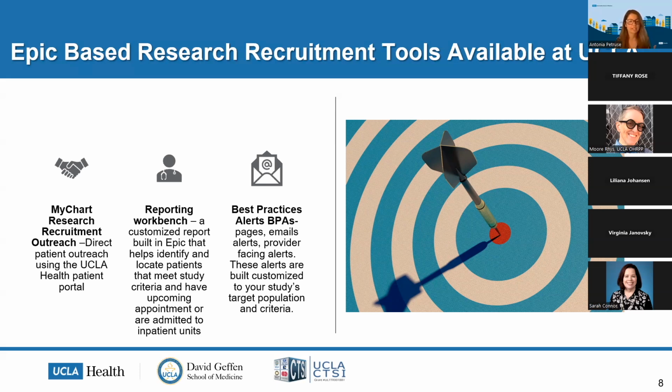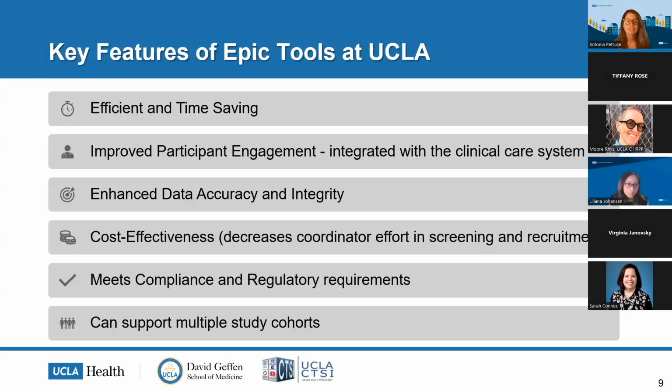It's custom to your criteria, and it would give you access to individuals that meet your study criteria that have upcoming appointments, or maybe are admitted to inpatient units. Then last, we have a best practices alert. This comes as pages, emails, and provider-facing alerts, and they're really customized to your study population and criteria. So Lily, if you want to dive into a little bit more of our Epic tools.